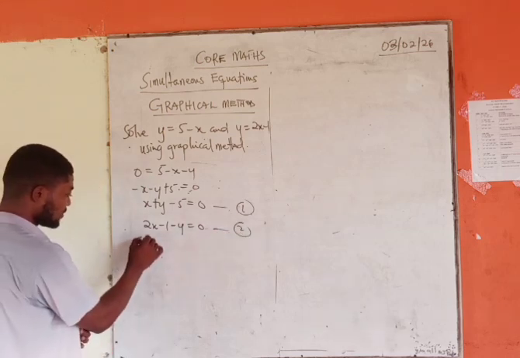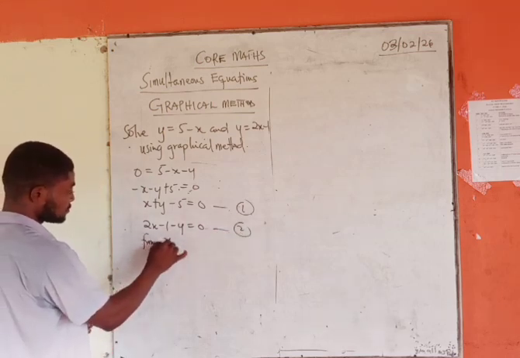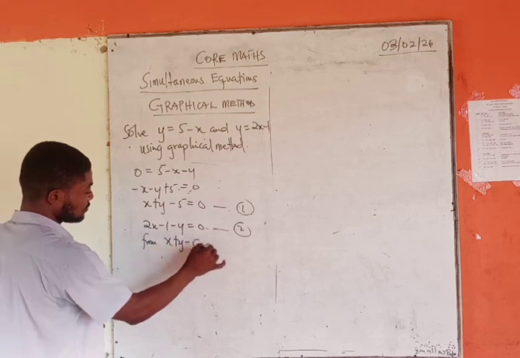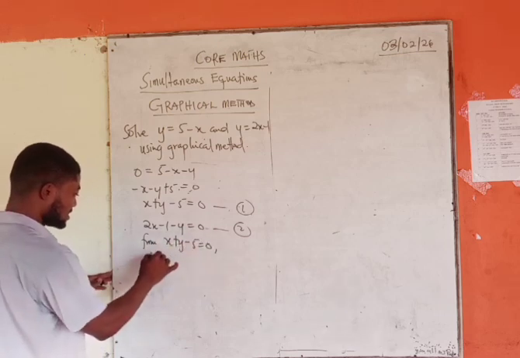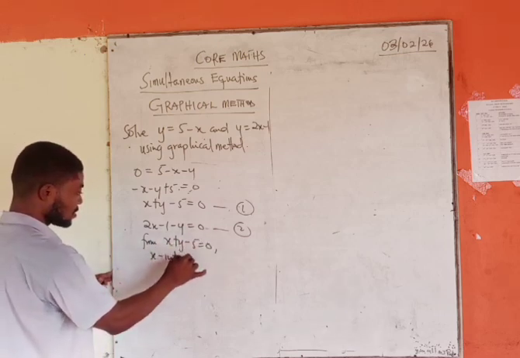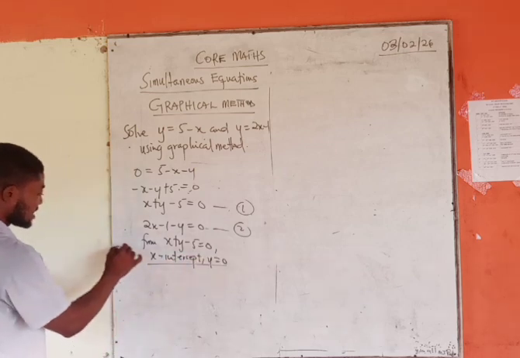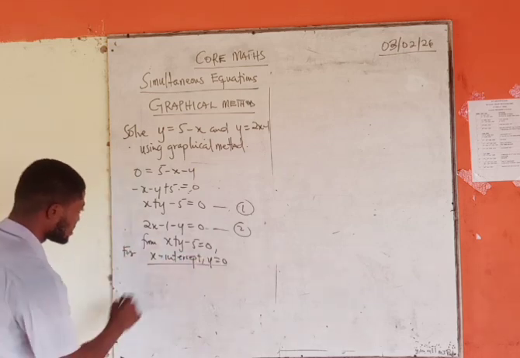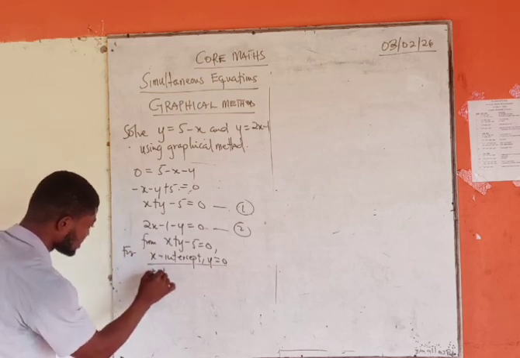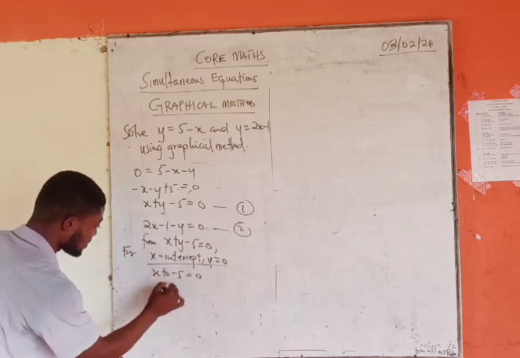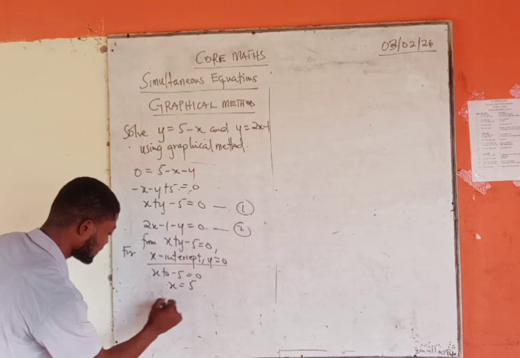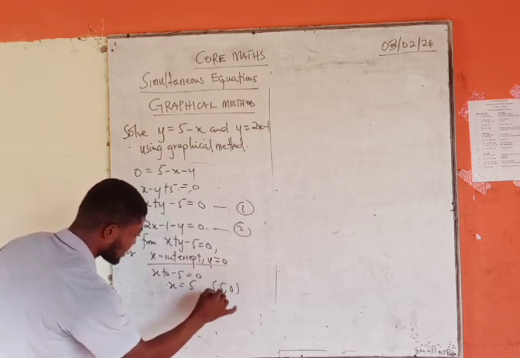So from equation 1, for the x-intercept, y is equal to 0. So I have x plus 0 minus 5 is equal to 0, x is equal to 5. So I have (5, 0) as my first point.